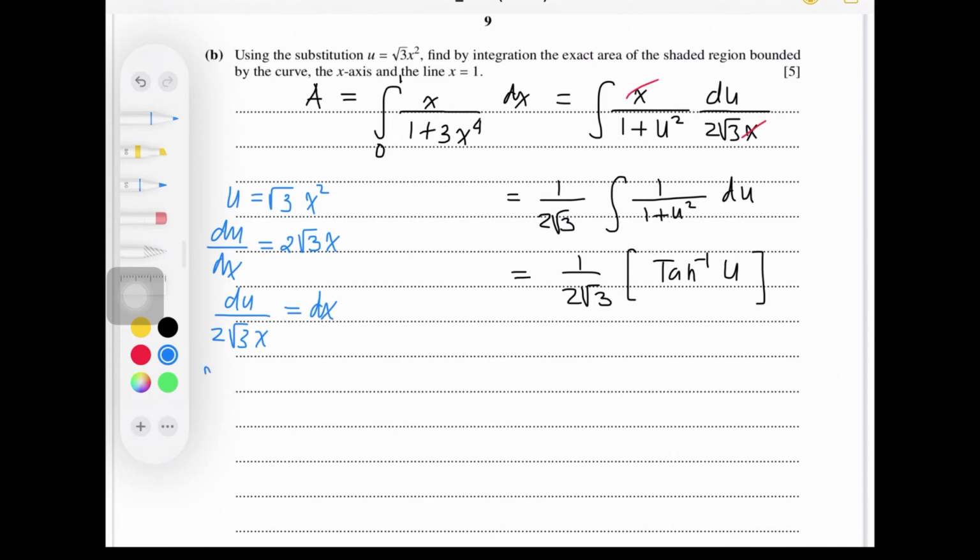So when x is equal to 0, u is equal to 0, and when x is equal to 1, u is equal to square root of 3.